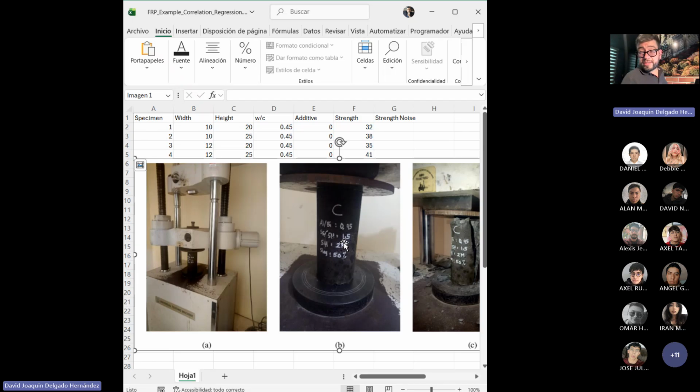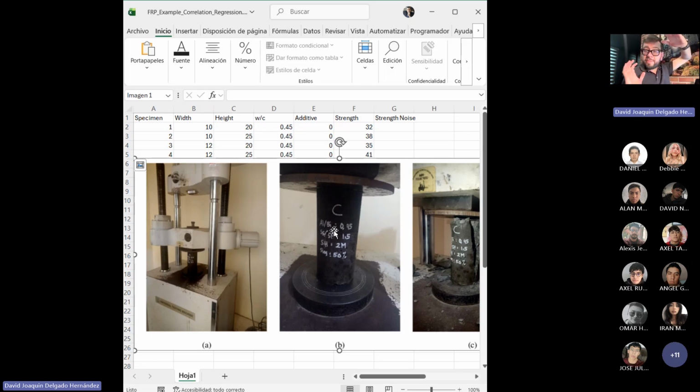They are put there in order to identify the cylinder. So for instance, the first specimen should say here width 10, height 20, water cement relation 0.45, and no additive. So you put this in order to identify which is the specimen, okay?